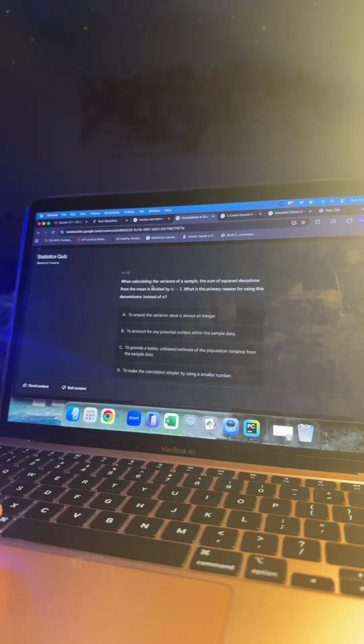When calculating the variance of a sample, the sum of square deviations from the mean is divided by n minus 1. What is the primary reason for using this denominator instead of n? Well, it's not D, right?